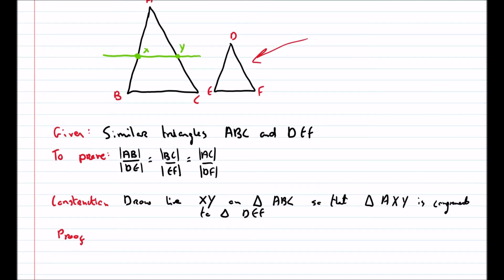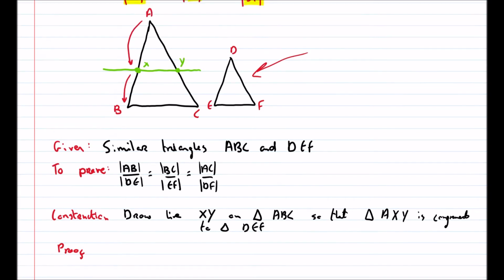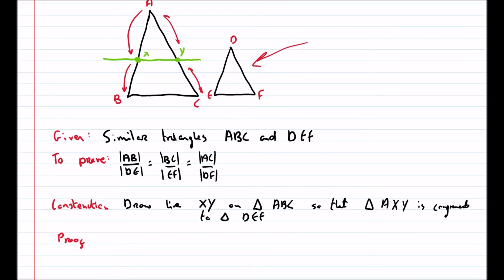I can look at the ratio between AX and XB, and the ratio between AY and YC, and I can say that AX over AB is equal to AY over AC.